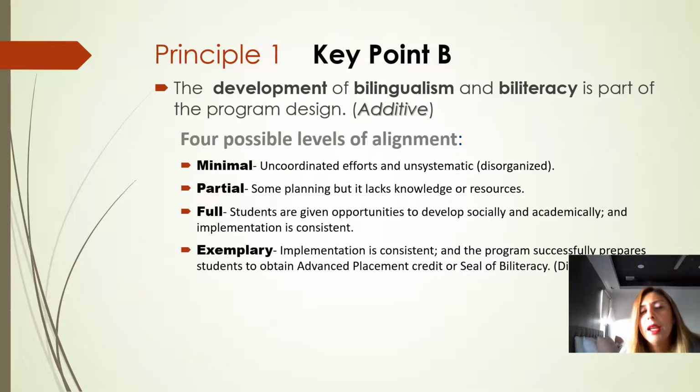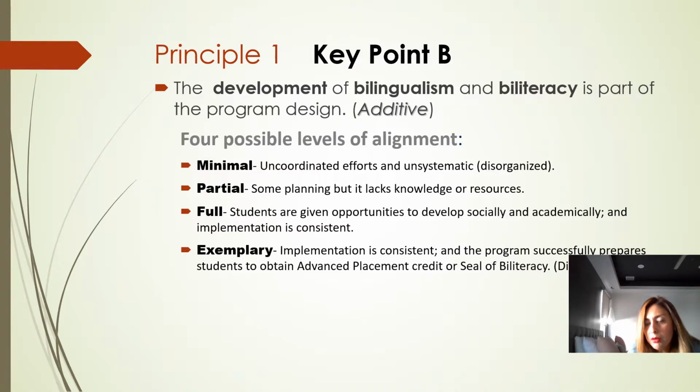Moving along, Principle 1, Key Point B refers to the development of bilingualism and biliteracy, and it's part of the program design. It's an additive model. Again, the four possible levels of alignment are: minimal, which means it's an uncoordinated effort, unsystematic and disorganized.